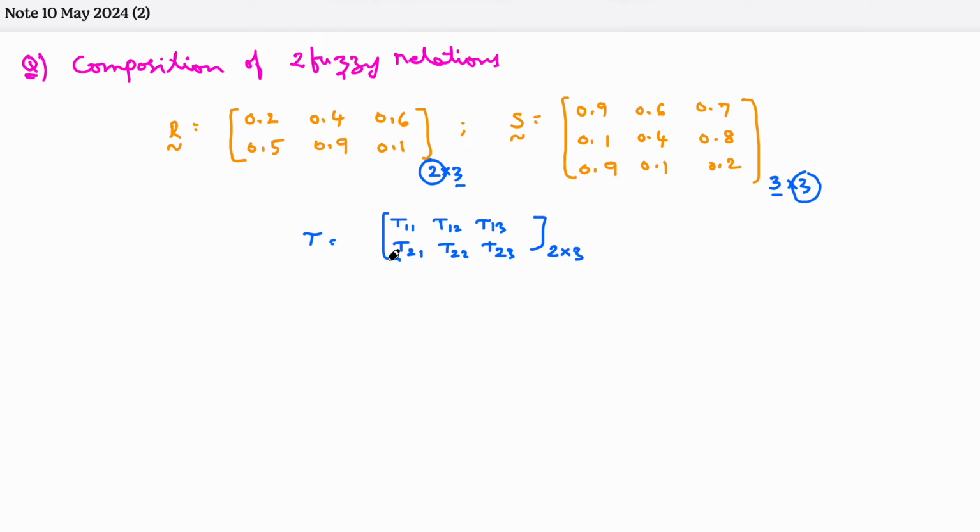Then how to solve this? As we discussed, this is just like a matrix multiplication. So there are three methods in it. The first method is called max min method, the second method is max product method, and the third method is max average method.